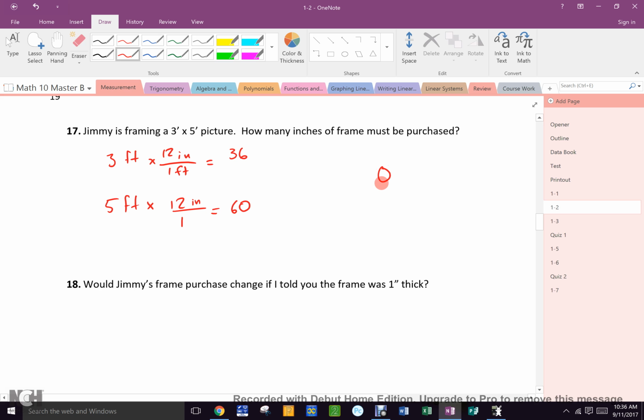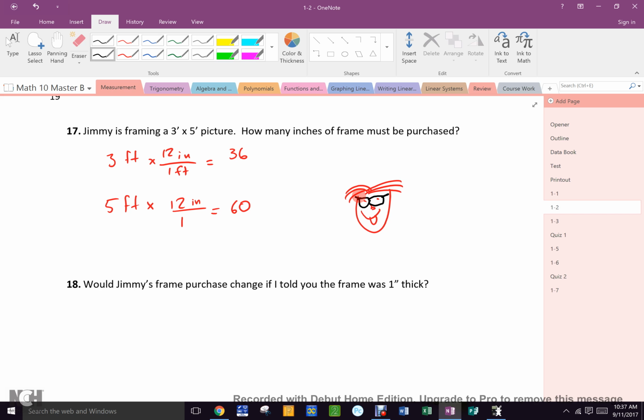Okay. So here's my picture. It's my self-portrait. And because I'm very high on myself, I want a 3 foot by 5 foot self-portrait of me.